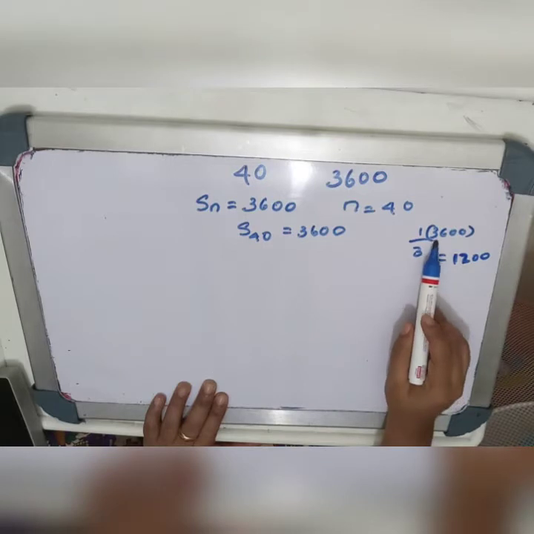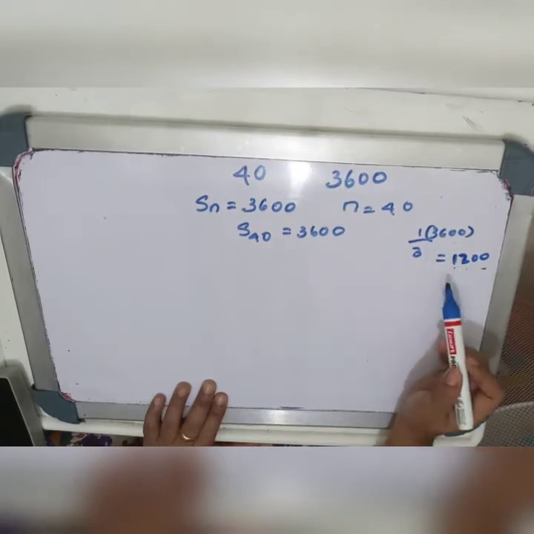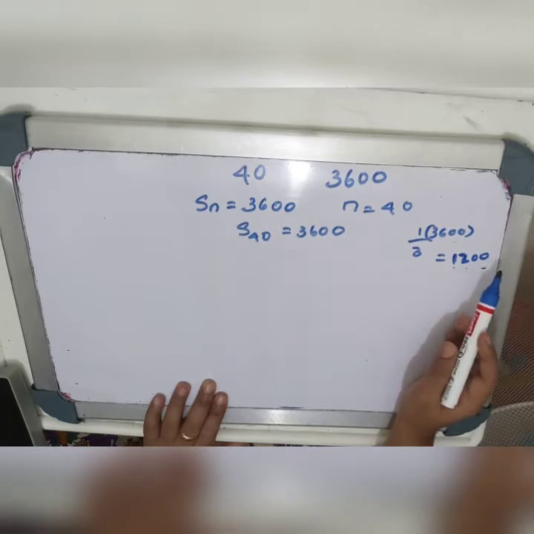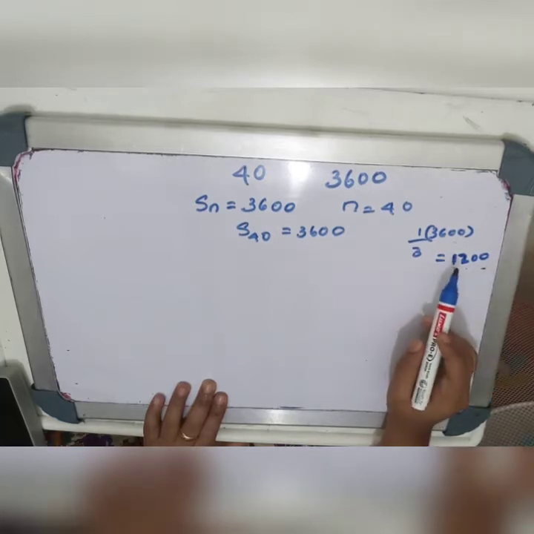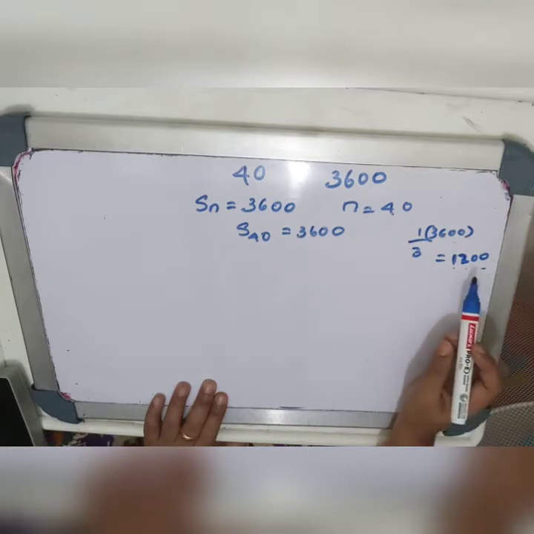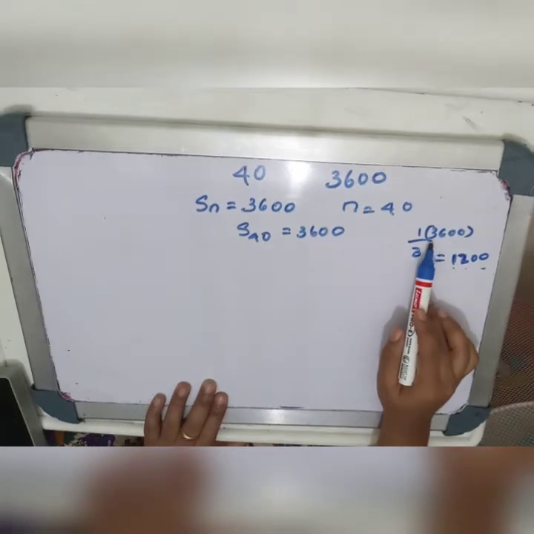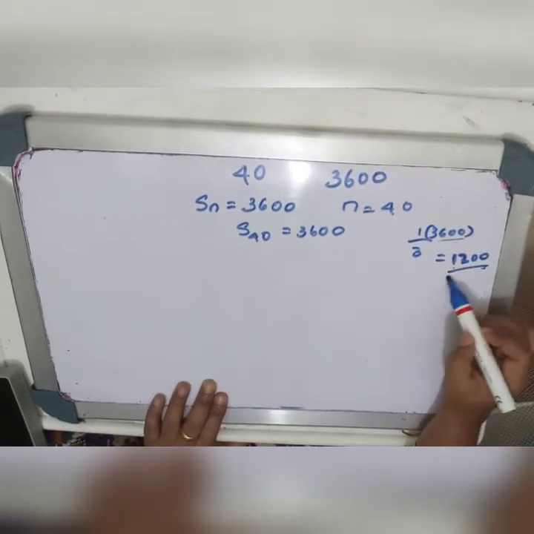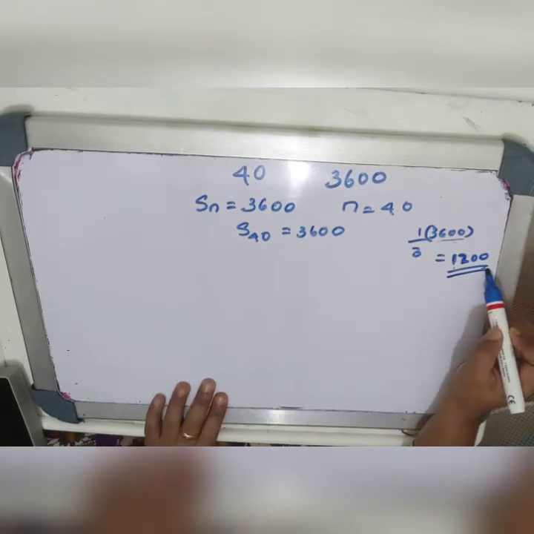What else is given in the question? After paying 30 installments, the man dies, and 1/3 of the debt is left behind. 1/3 of 3600, that is 1200 rupees. So this much is left behind, all the rest was paid.